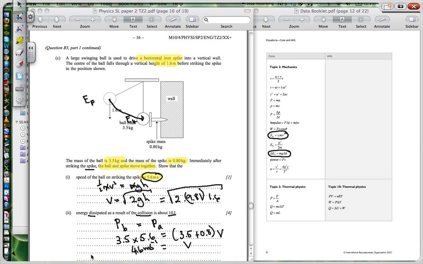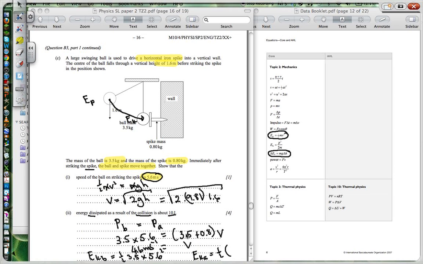So your EK before, EKB, is equal to a half times 3.5 times the 5.6 squared, and your EK afterwards is going to equal a half.